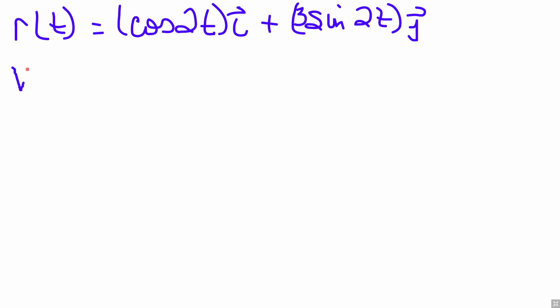So our velocity vector, okay? If we take a look at this, what is going to be the derivative of this first component?